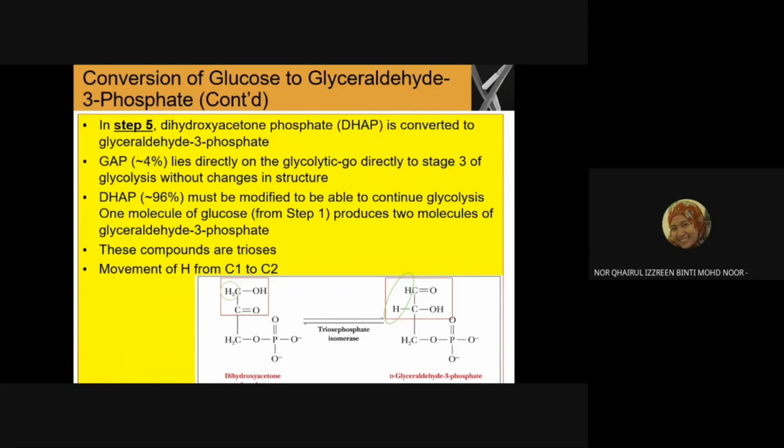You can see that this is the important part: movement from carbon number 1 to carbon number 2. This is carbon number 1 of DHAP. With triose isomerase, it moves hydrogen from carbon number 1 to carbon number 2 and produces glyceraldehyde 3-phosphate.